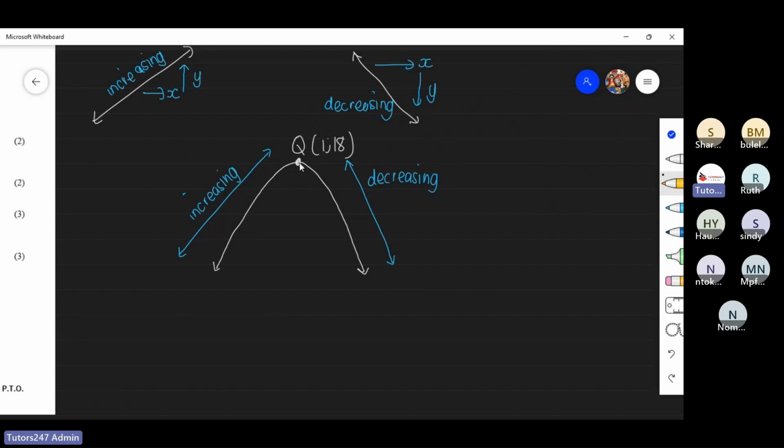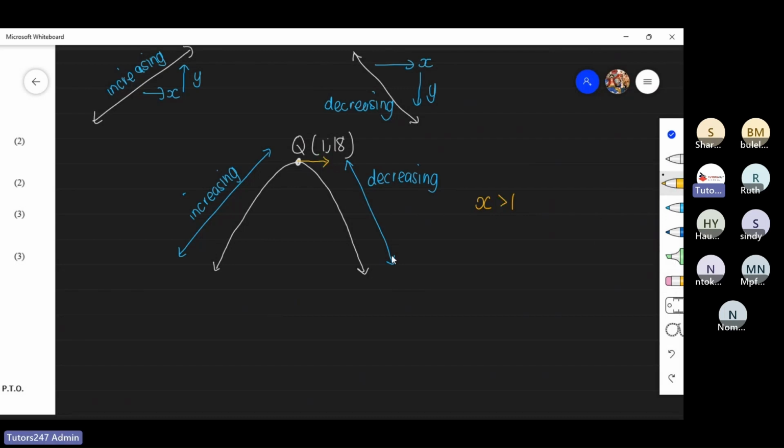So all you need to do is make an arrow moving to the right. And remember what we said earlier, that arrow indicates your inequality sign. Therefore, the values of x that will result in a decreasing y value is x greater than 1. As you can see, I've used the exact same symbol as my arrow. That's all you need to do.